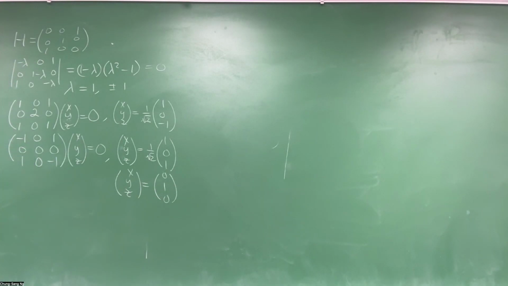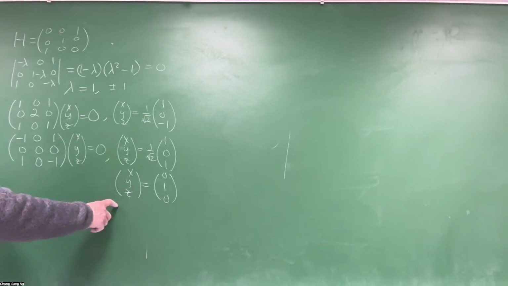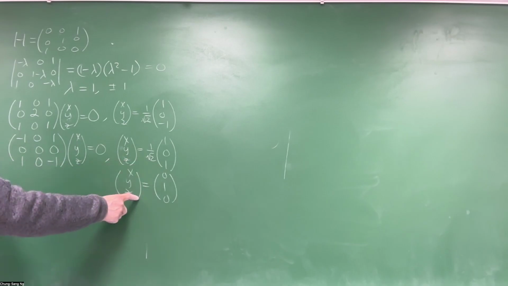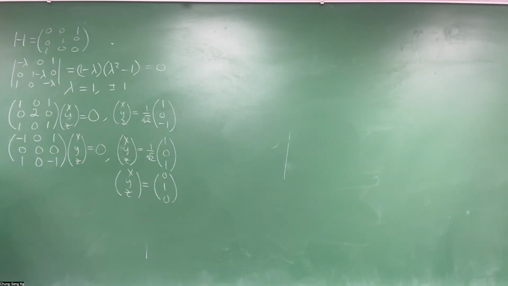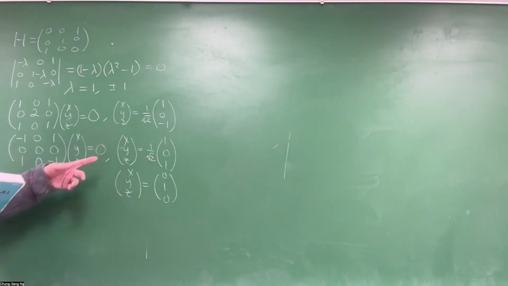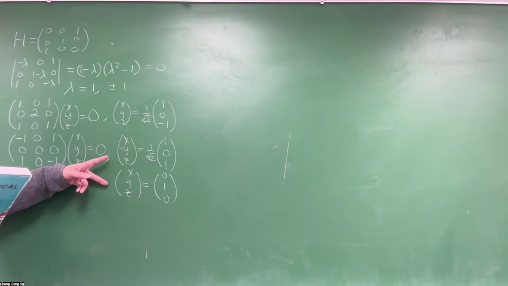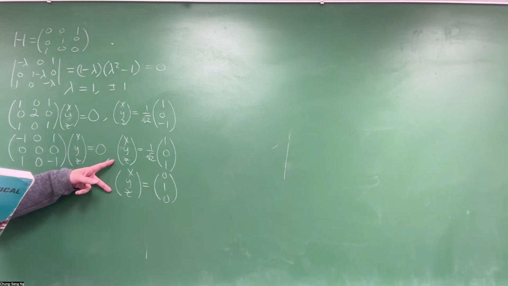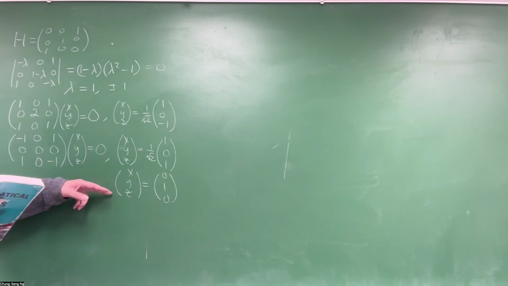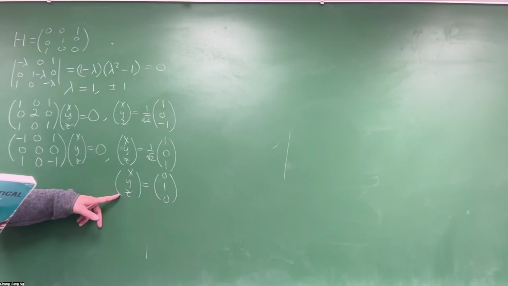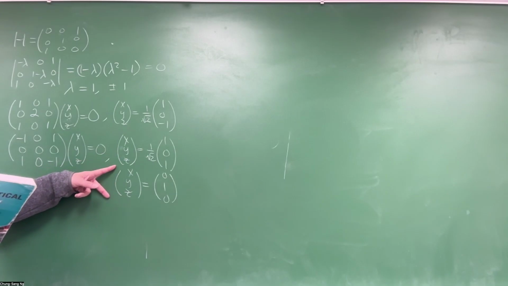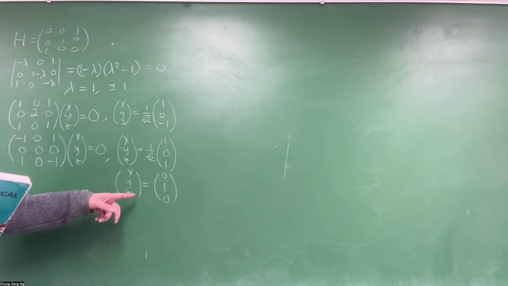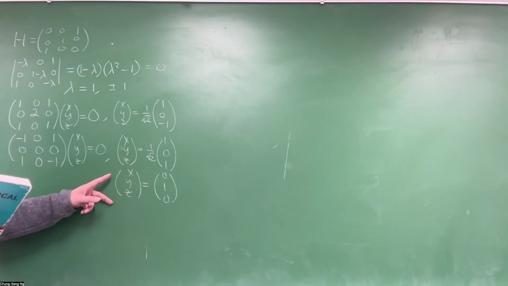In this case, if you choose it like that, it's already orthogonal to the other one. Sometimes the two degenerate eigenvectors you solve for are not orthogonal. But because they are satisfied by the same eigenvalue, you can choose a linear combination of them as a new eigenvector such that the two eigenvectors are orthogonal. You can use the so-called Gram-Schmidt method: the one is subtracted by the projection of the other one on the first one.